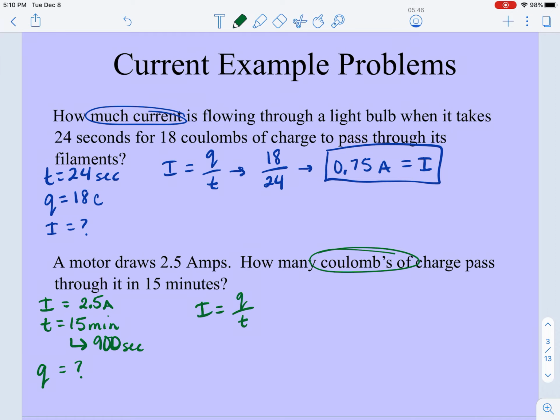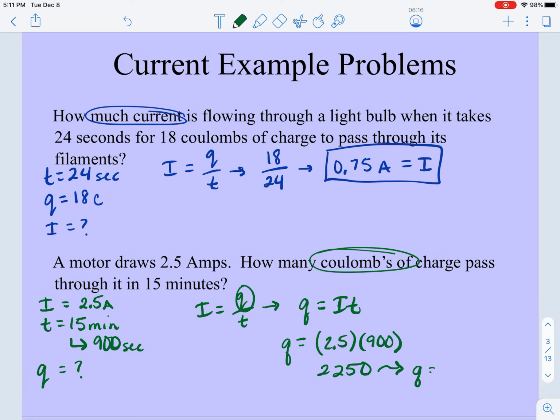They are asking how many coulombs of charge. That is the unit for my variable Q. So I equals Q over T. If we are solving for Q, then we are going to say Q is equal to I times T. So my charge is going to be 2.5 times 900, because I want that in seconds.